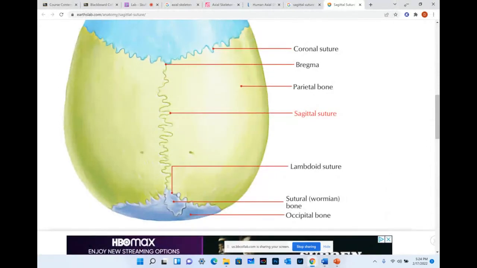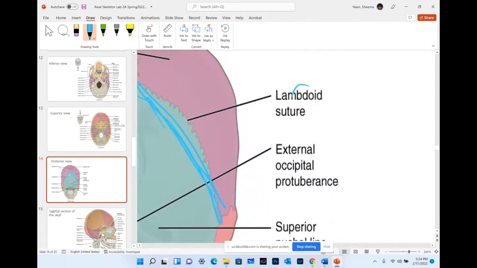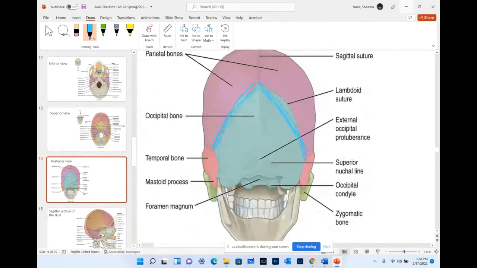This right here is the occipital bone. It makes the back of the head. This suture is your lambdoid suture. It is an inverted V-shaped suture. And look at the spelling, L-A-M-B-D-O-I-D. Spellings matter, okay?